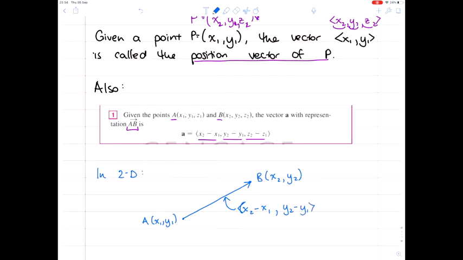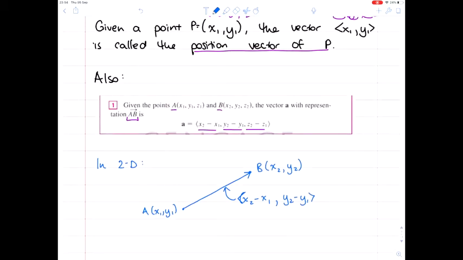And this is again using our ideas of Pythagoras' theorem, because we want to travel this distance in the x, which is x2 minus x1, and we want to travel this distance in the y, which is y2 minus y1. So we're using right angle triangles.